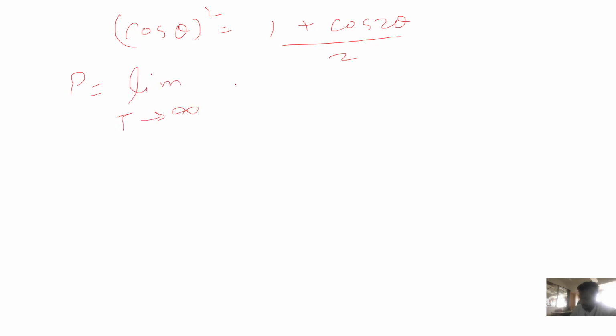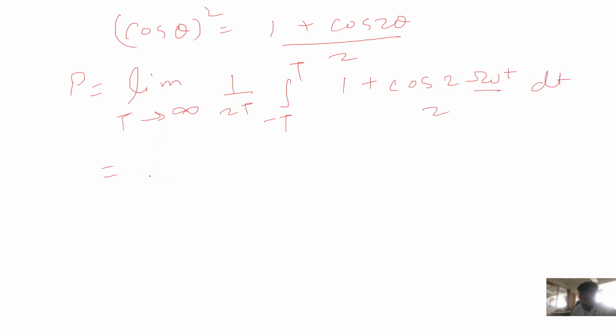Okay, and we know the further procedure, right? Cos of theta square is going to be, I am going to use this, 1 plus cos 2 theta divided by 2. Therefore power is going to be equal to limit t tends to infinity 1 upon 2t integration minus t to t 1 plus cos 2 omega 0 t divided by 2 dt.